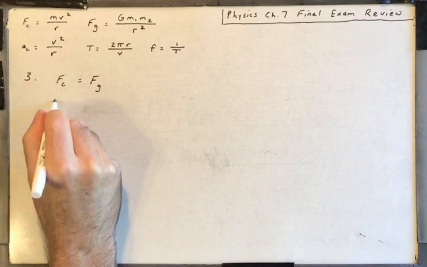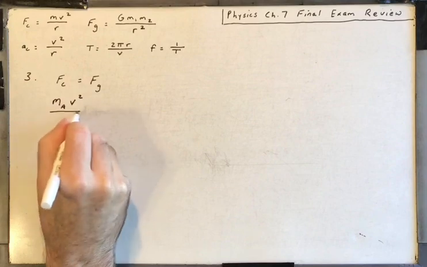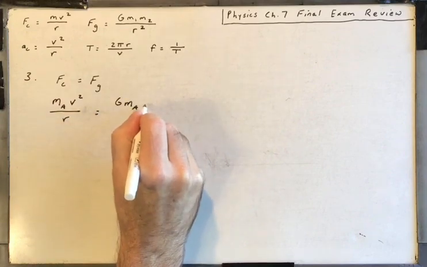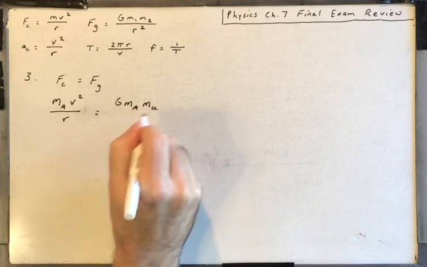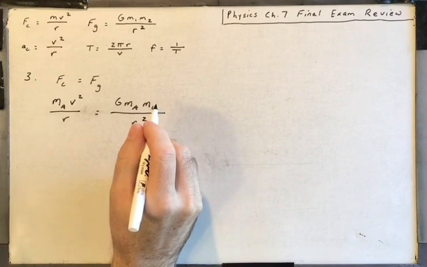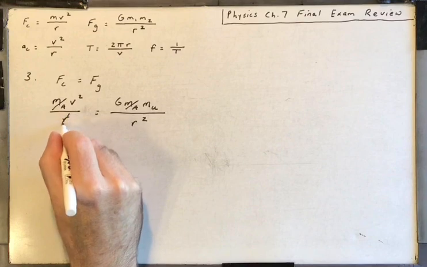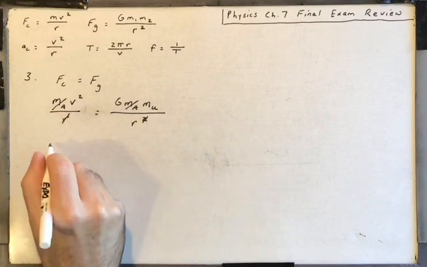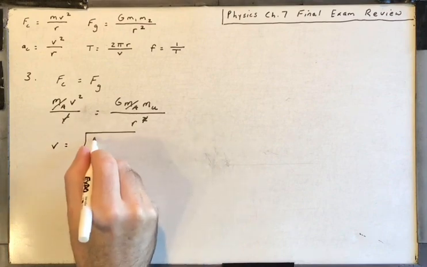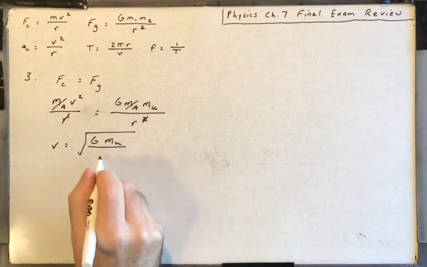So that's going to be the mass of Ariel times the velocity squared over r is equal to G times the mass of Ariel times the mass of Uranus over r squared. So the mass of Ariel cancels, 1 of the radius cancels, and you'd have v is equal to the square root of G times the mass of Uranus over r.